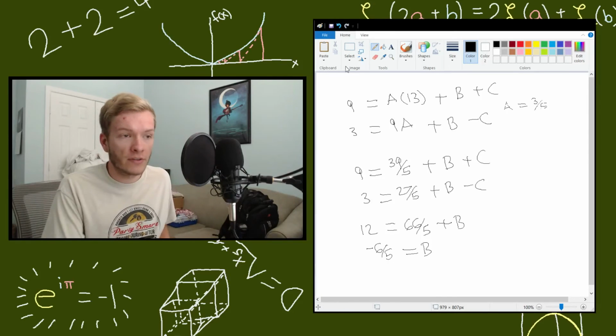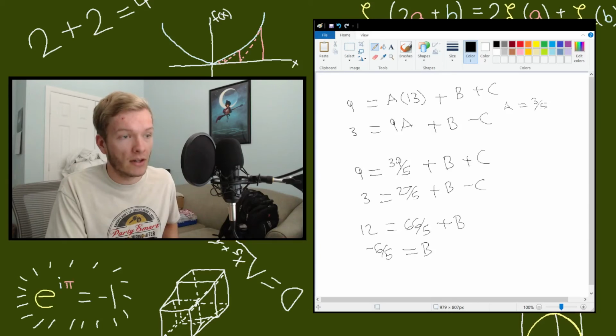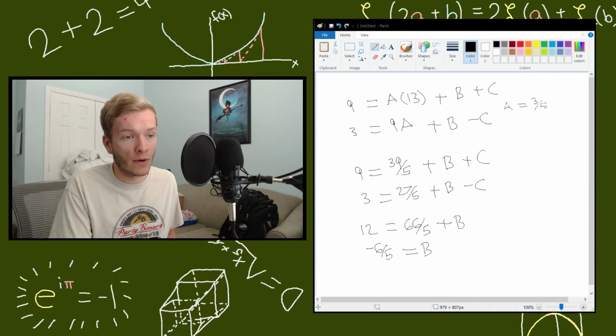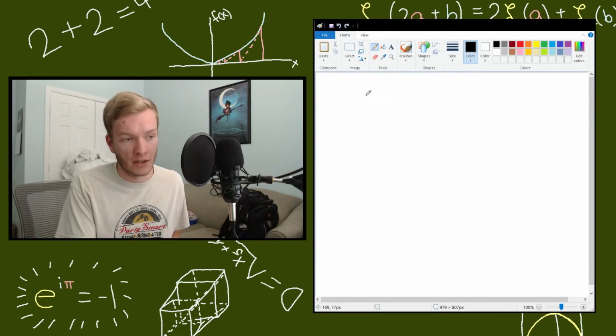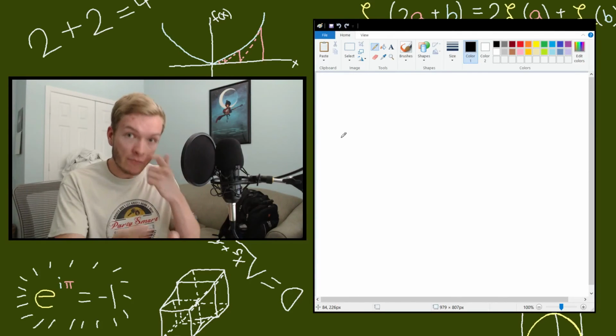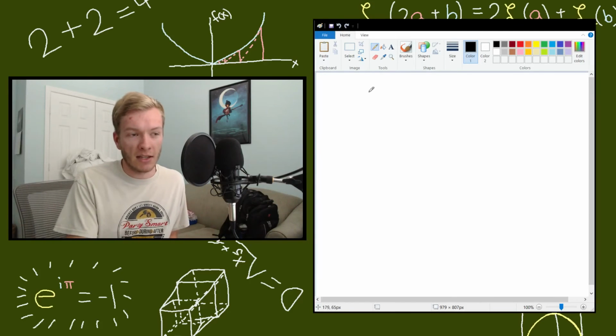Now, I shouldn't have gotten rid of my other screen, but we can quickly get that again. So we're going to restart this and go the other method in hopes of getting the correct answer. But it's the same for solving out for c. So once you have b, you can plug them back into the equation and get c.